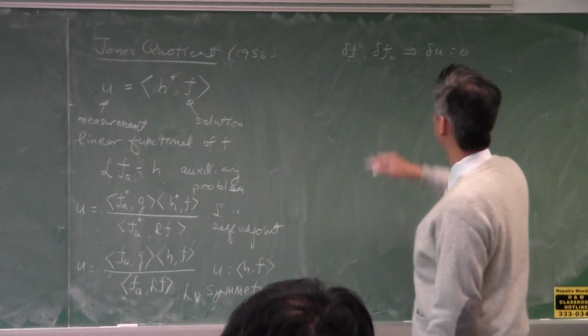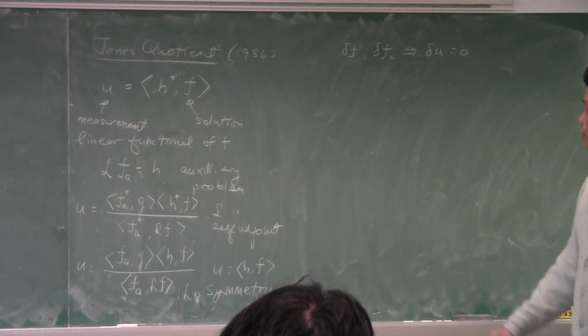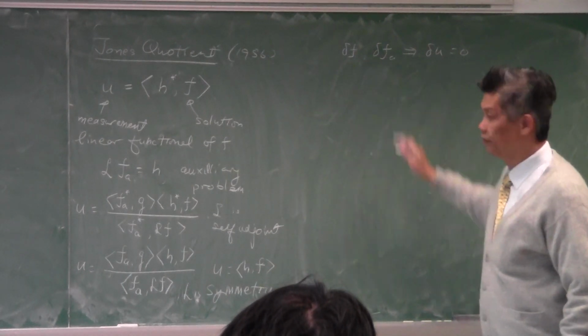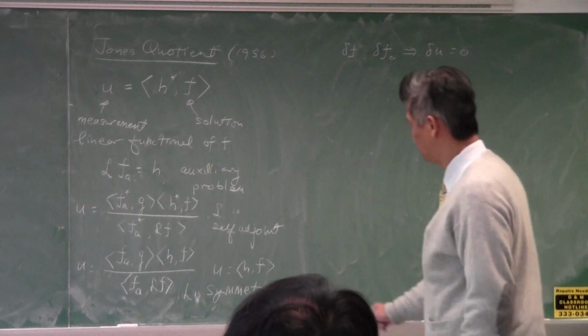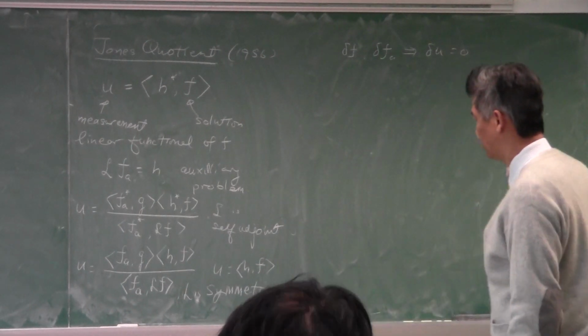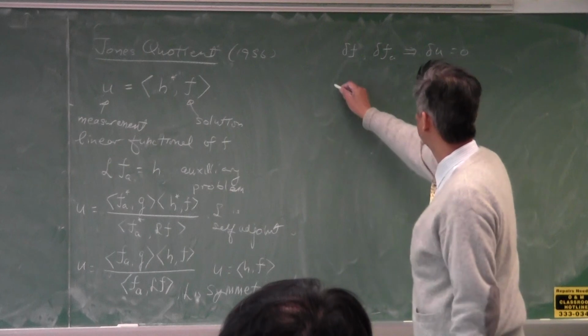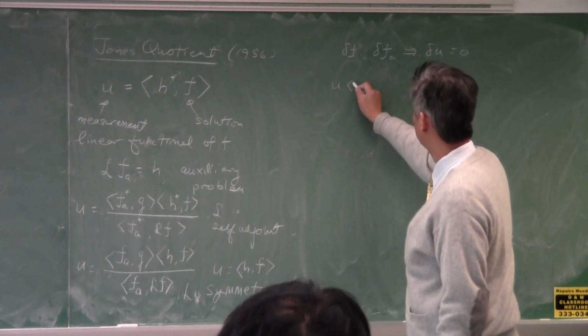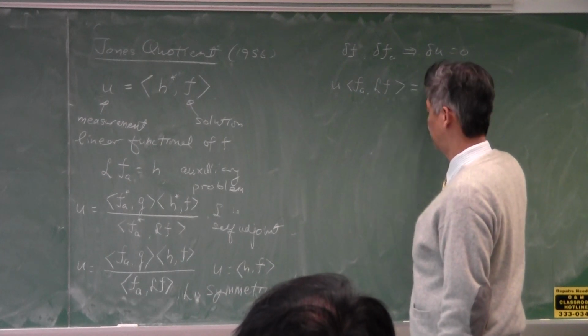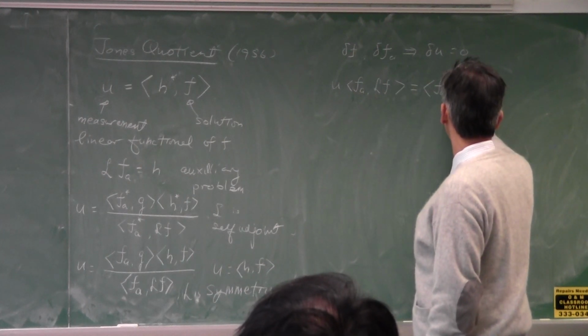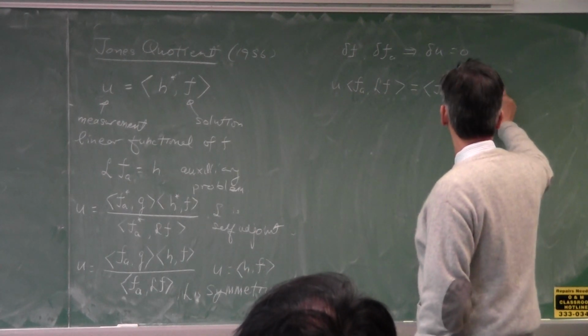The first order error is 0 if you make a first order error in your solution. So let me prove that. Let me prove the case for the symmetric case. You can go to the self-adjoint case very easily. To prove that, I will have to do a cross multiply. H comma F.